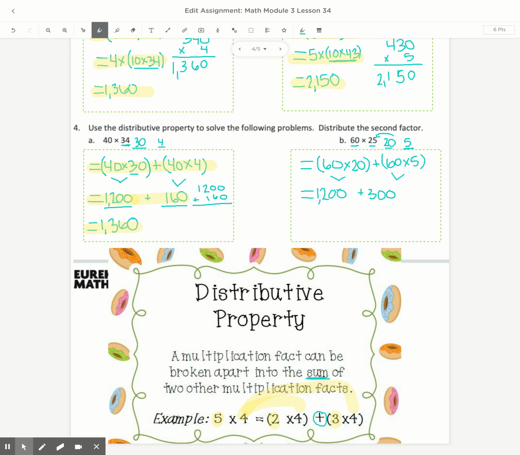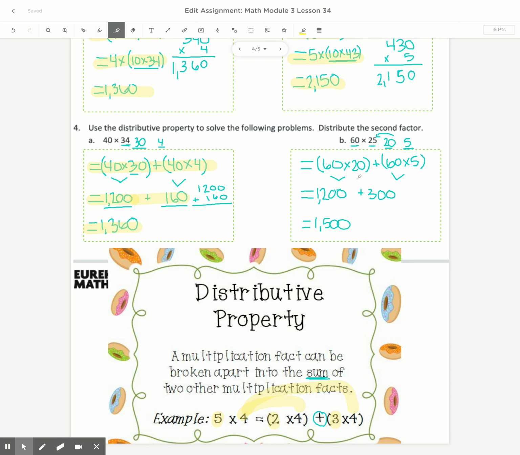And now I get 300. So now I just have to add those two numbers together. Again, if you can add 1,200 plus 300 in your head, that's awesome. If you need to write out the equation vertically over on the side in order to solve it, that's awesome. Just do what you gotta do. Just make sure that you come up with an answer of 1,500.